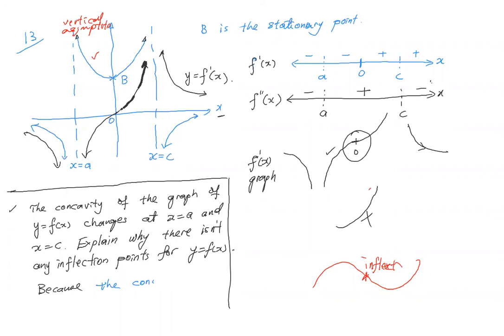Yeah, because the concavity changes at the vertical asymptote.